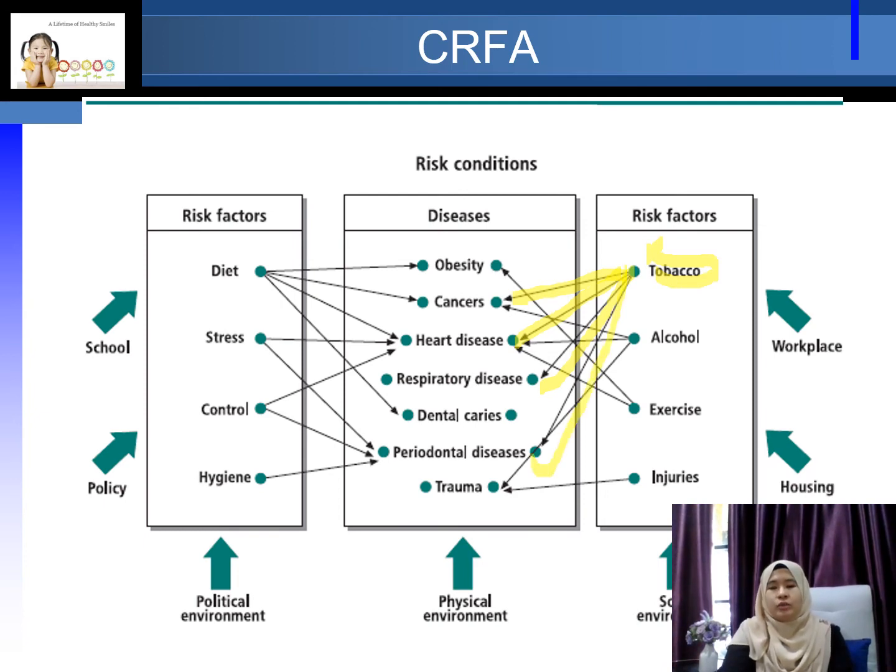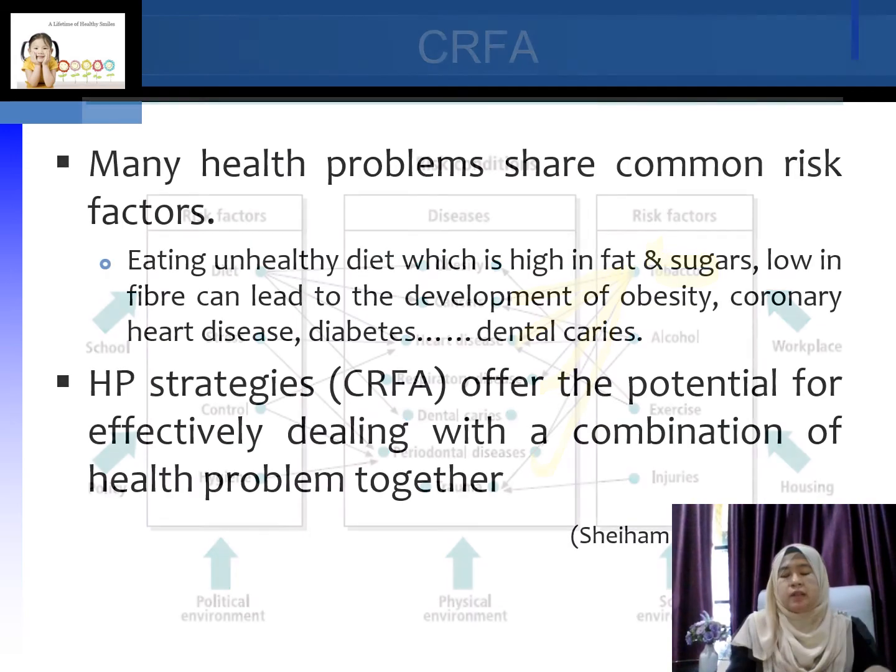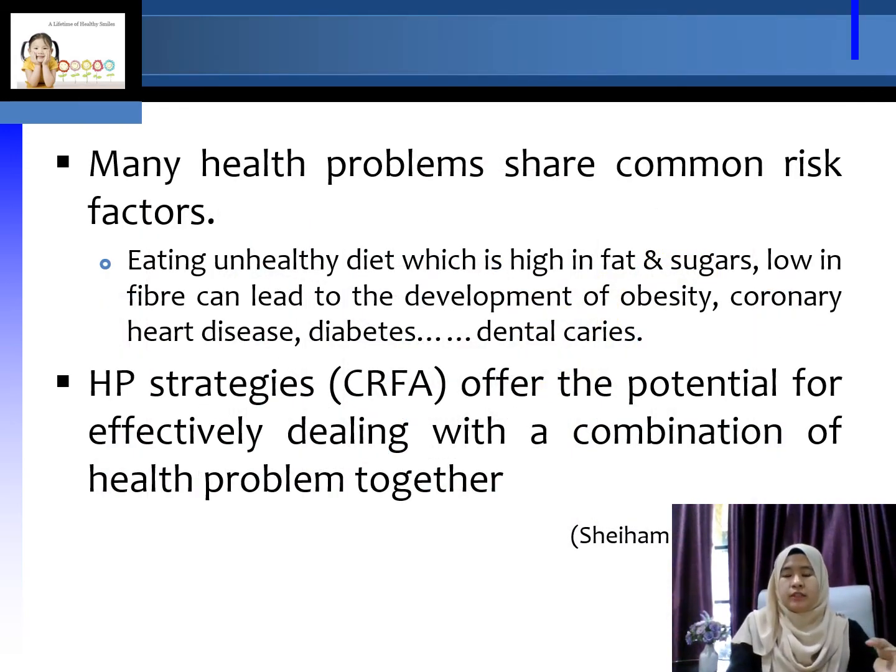By having this approach, we just target the risk factors to prevent some of the diseases. Many problems or diseases share common risk factors. For example, eating an unhealthy diet which is high in fat and sugars and low in fiber can lead to the development of obesity, coronary heart disease, diabetes, and dental caries.